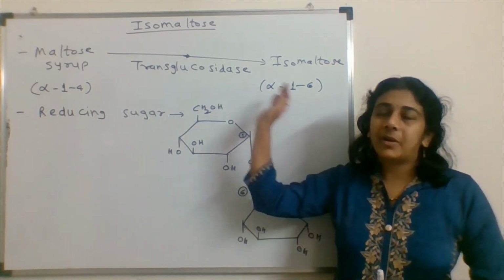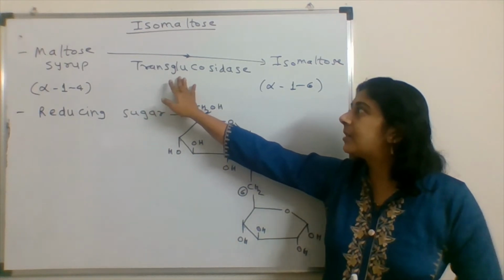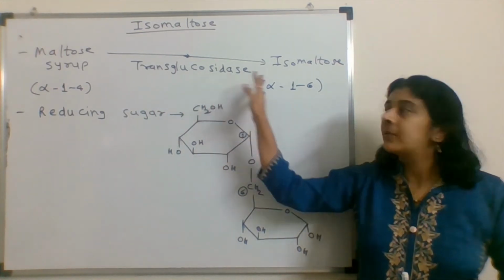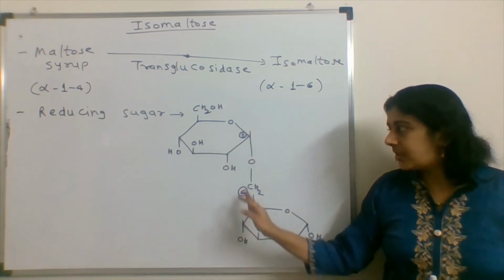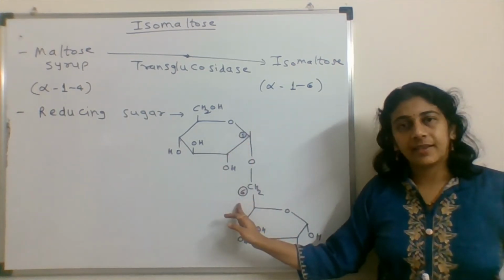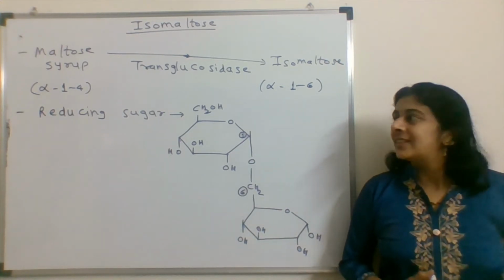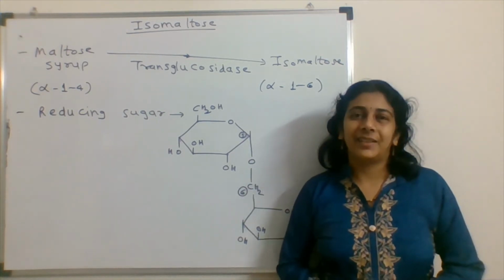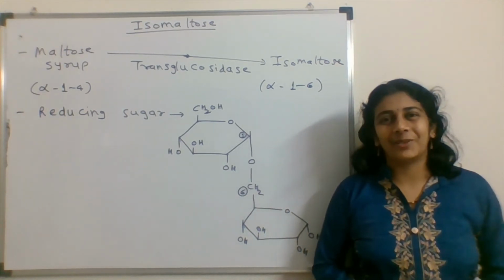This is the product when maltose syrup is treated with the enzyme transglucosidase. We get isomaltose. So the linkage gets changed here. Alpha 1,6 linkage is formed between two glucose units. This is again a reducing sugar just like maltose.